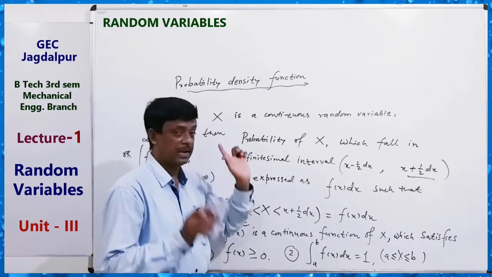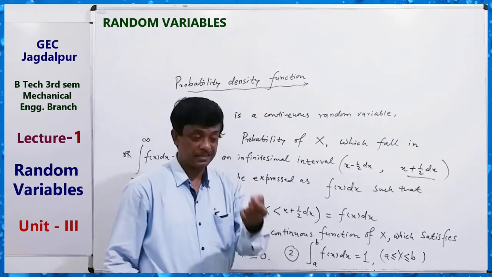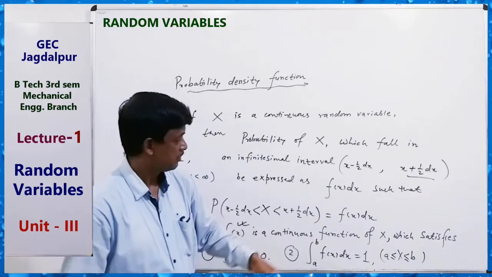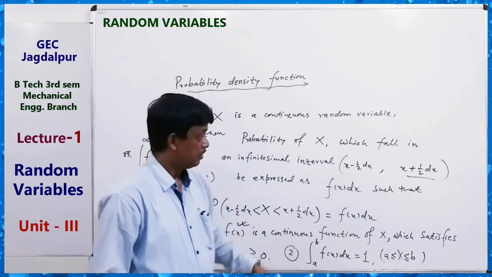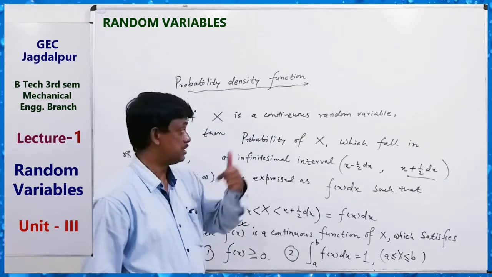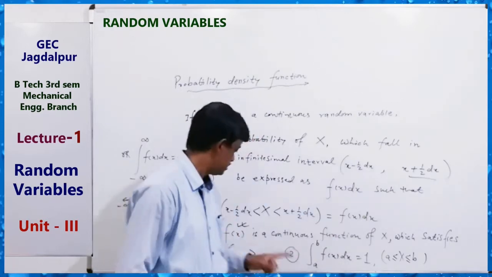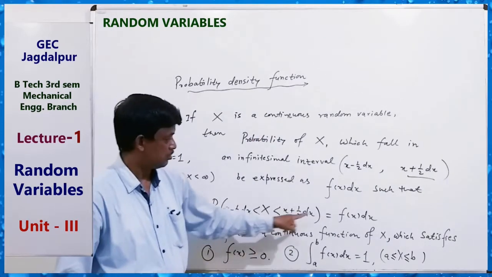Here X is a continuous random variable taking values in an interval, and the probability can be expressed as f(x) dx.